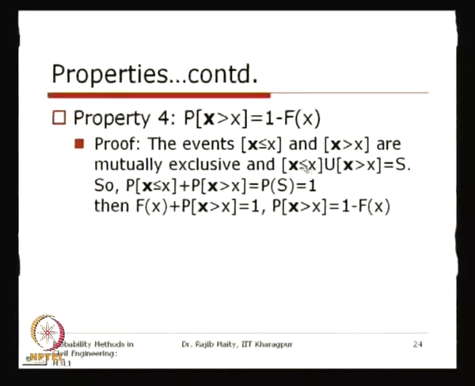Collectively exhaustive means the union of X less than or equal to x and X greater than x equals the full sample space S. So, the probability of these two events together is the probability of the total sample space, which is equal to 1, and since the first is denoted by F of x, the probability of X greater than x equals 1 minus F of x.